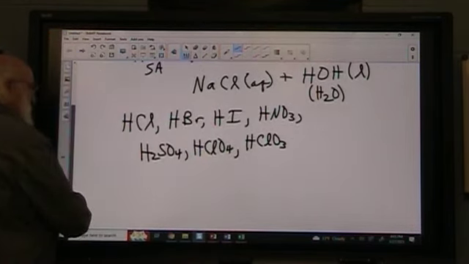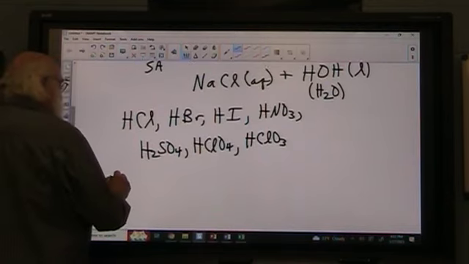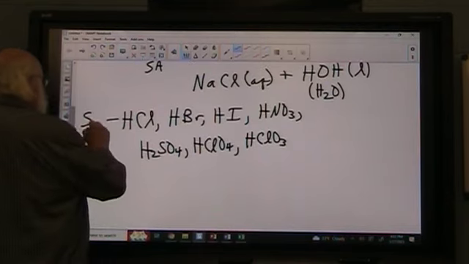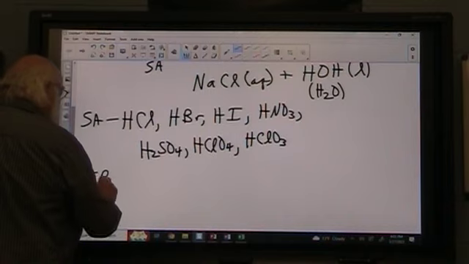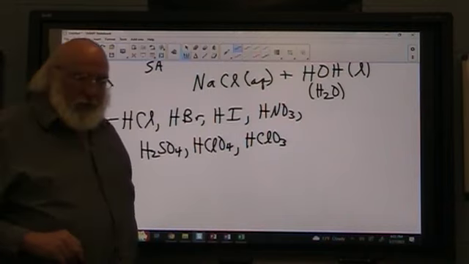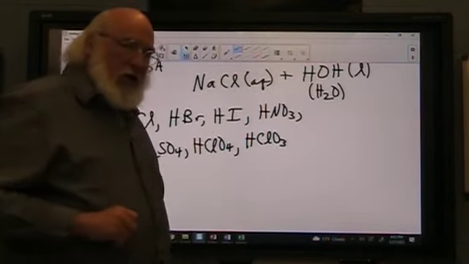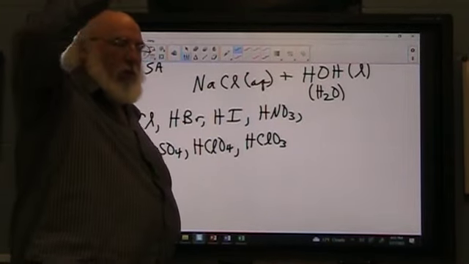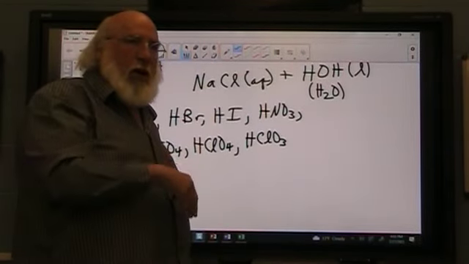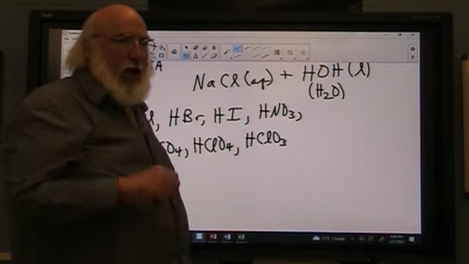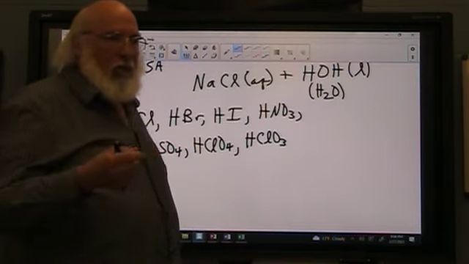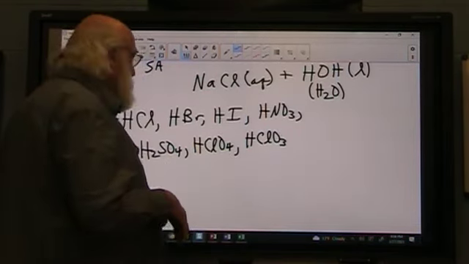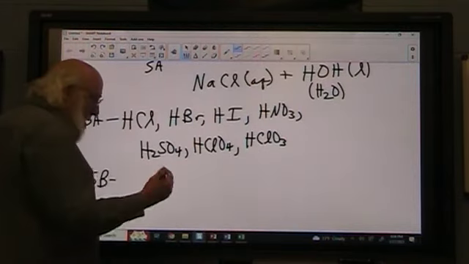Sodium hydroxide is a strong base. How do we know that's a strong base? Well, there are 9 strong bases. These are the strong acids, the strong bases, and as I defined in a previous section, strong bases are all the group 1 metals that have hydroxide, and then the bottom half of group 2 metals that have hydroxide.